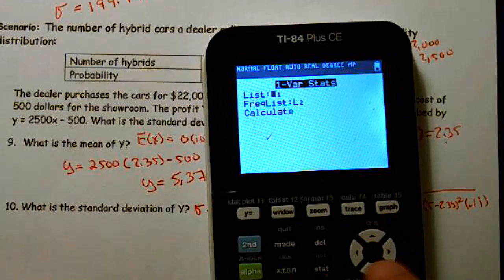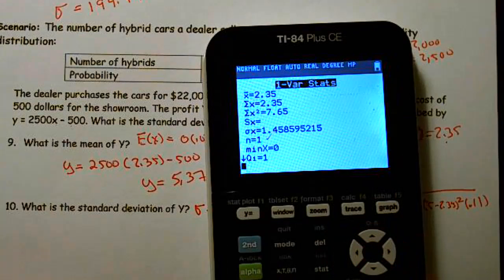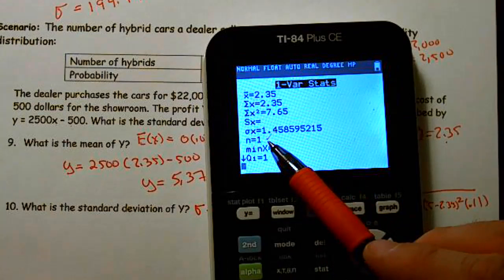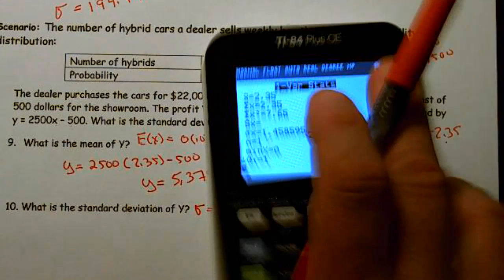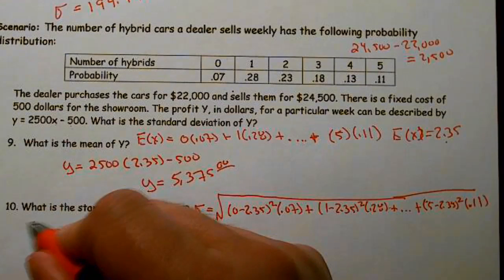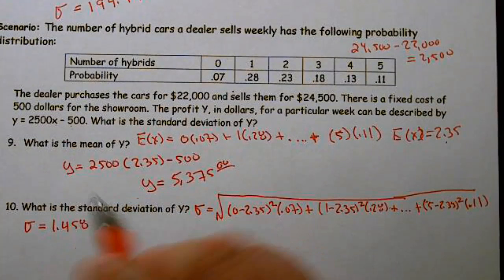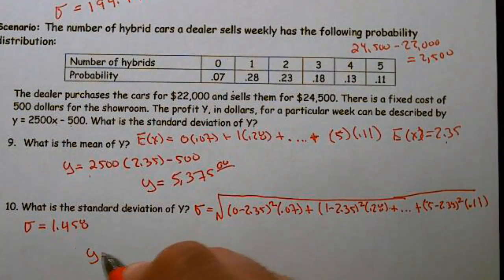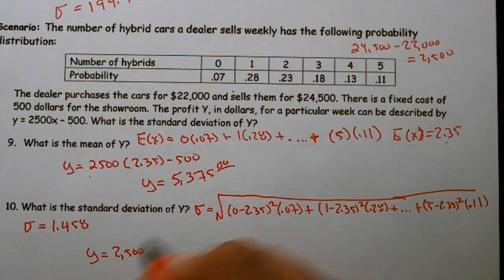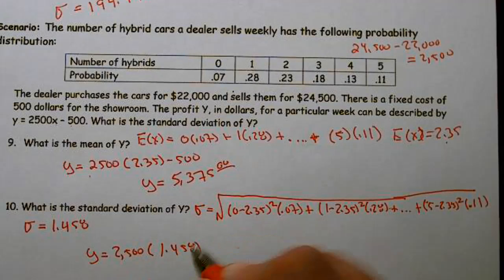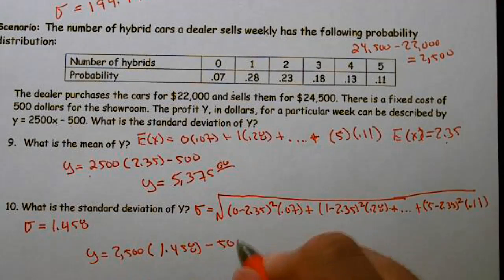So stat calc, and we're going to go back. We already have the information in there, and we get a standard deviation of 1.458. So our standard deviation equals 1.458, but I need to plug into that formula. So Y equals 2,500 times 1.458 minus the 500.